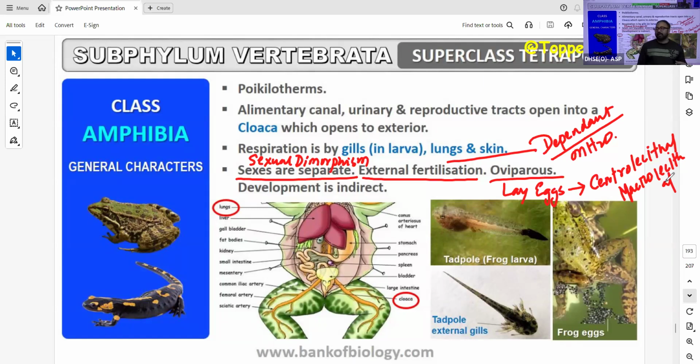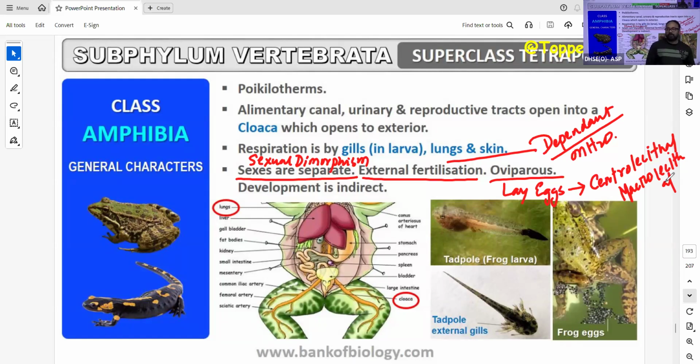Now, in the case of frogs and amphibians, the eggs are small in size. So why do we call them macrolecithal? Because inside the egg there is yolk whose proportion is comparatively almost 70 to 80% of the entire egg.